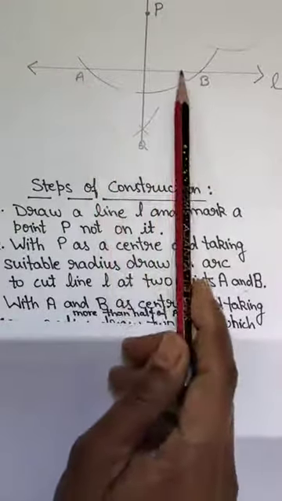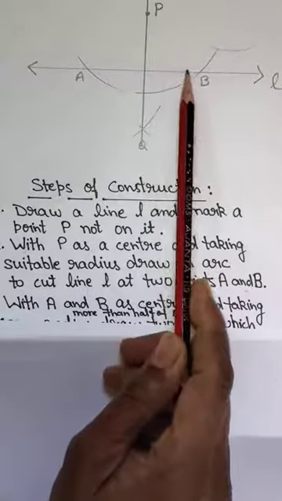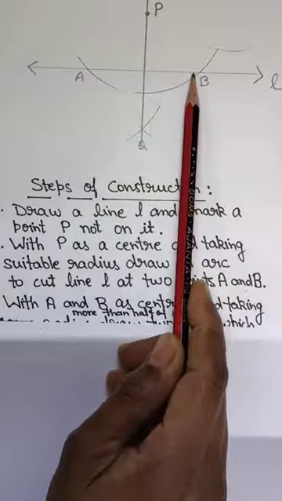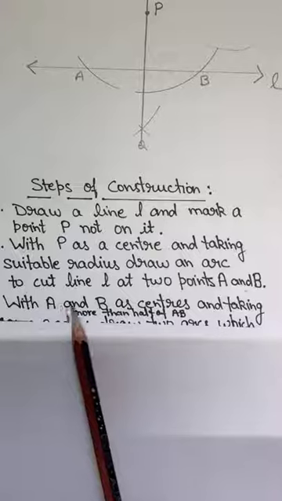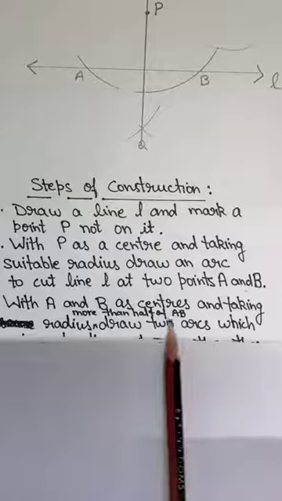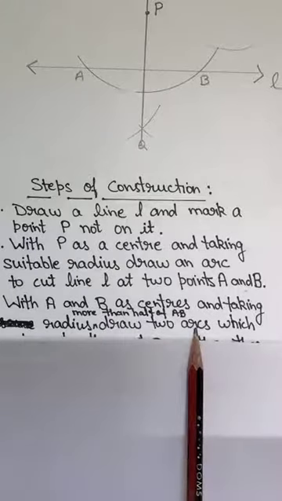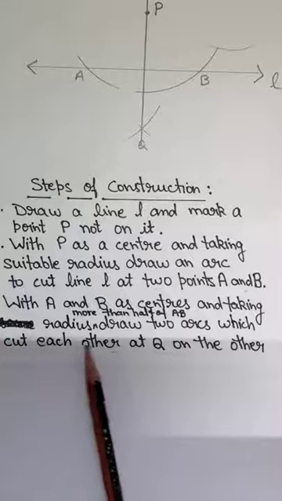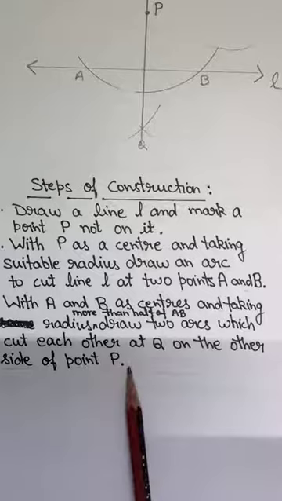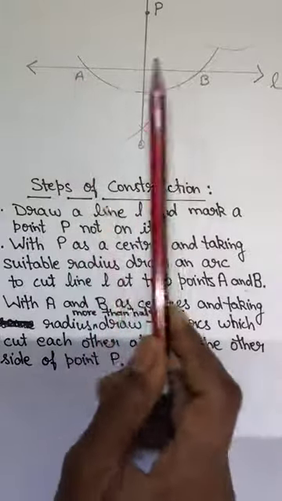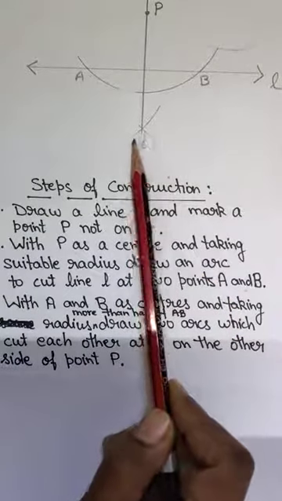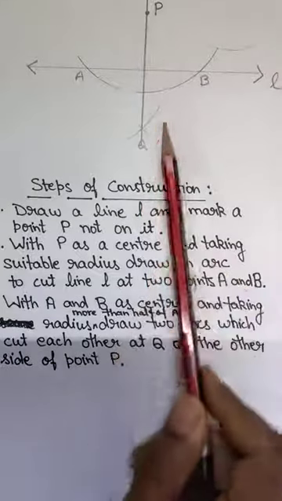It can be more than half of AB, it can also be equal to AB, but more than half of AB. Okay, then with A and B as a center and taking radius more than half of AB, draw two arcs which cut each other at Q on the other side of point P. We had drawn arcs from both A and B on the other side of P so that they will cut each other at point Q. Then join PQ.